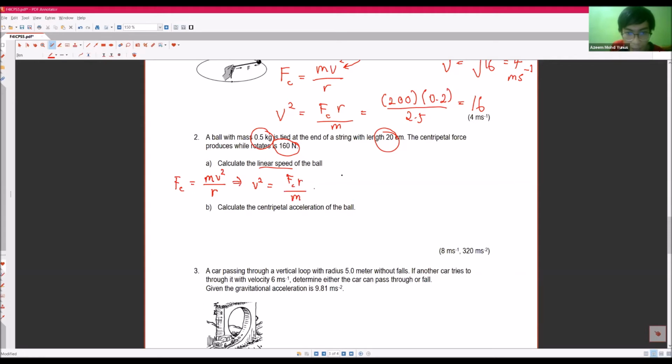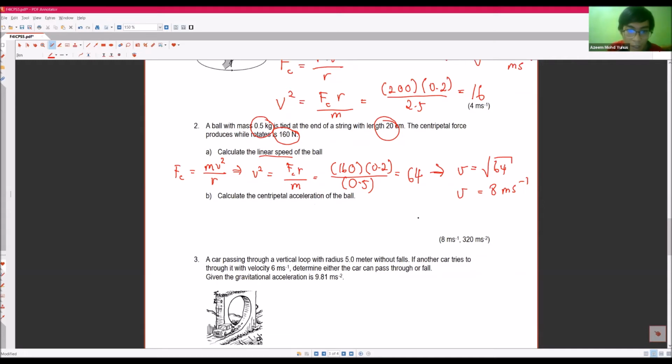Our Fc is 160, r is 0.2, changed into meter, and the mass is 0.5 kilogram. 160 times 0.2 over 0.5 is 64. So v is the square root of 64, which is 8 meter per second.